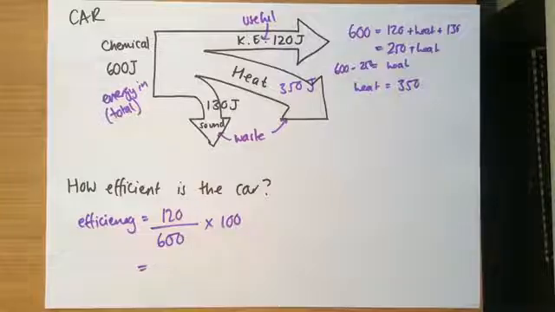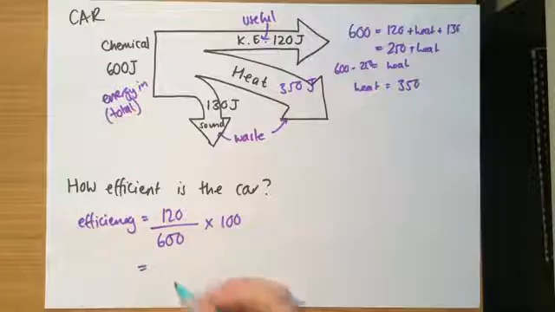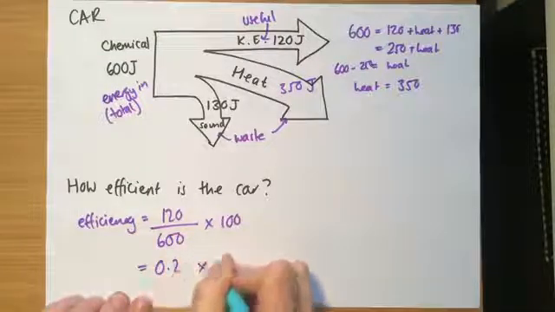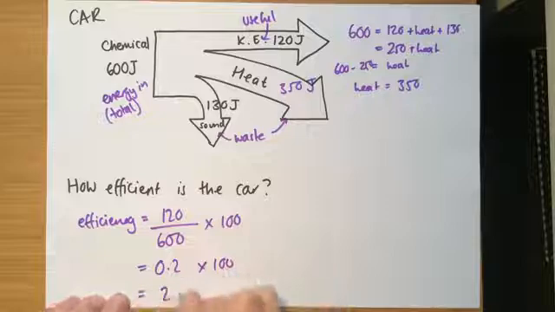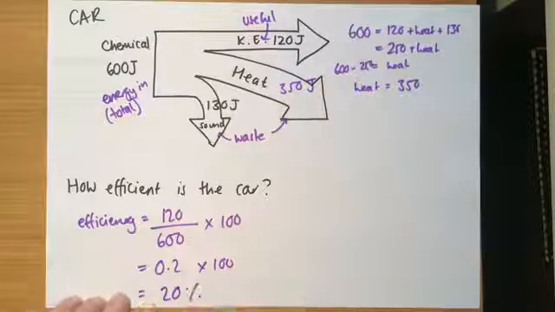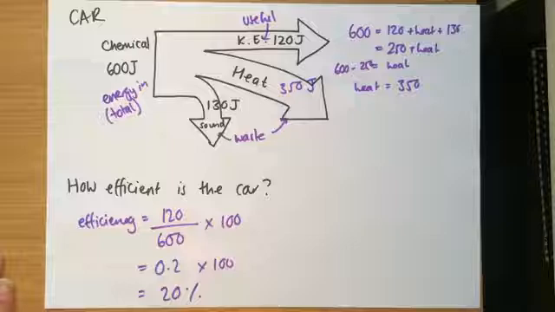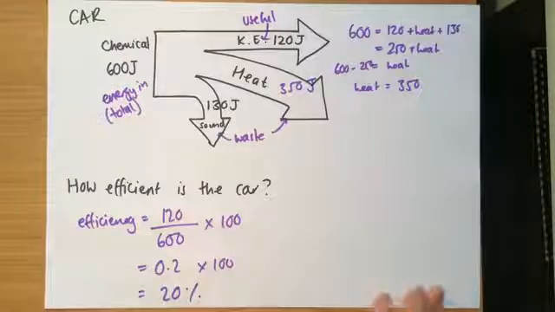Now, this is another one that I should be able to do in my head, but I've forgotten, so I'm quickly going to do it on a calculator. 120 divided by 600 gives me 0.2 times 100. And that is the same as 20%. So this car is 20% efficient. It wastes 80% of its energy. So this is an example of a quite typical problem you might get given in the exam. And you need to know how to use these things and how to analyse them to answer this type of problem.